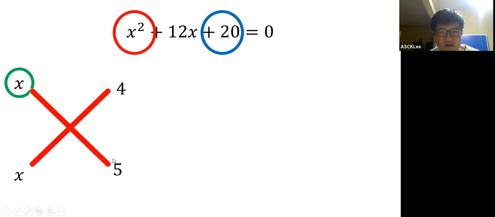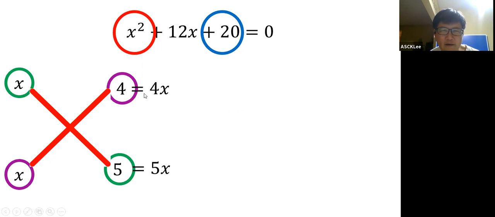So x times 5 is 5x, and x times 4 is 4x. And if we add these two up, we get 9x, which is not 12x. Which means we haven't arrived at the factors yet, which means we have to try a different combination, something other than 4 times 5.